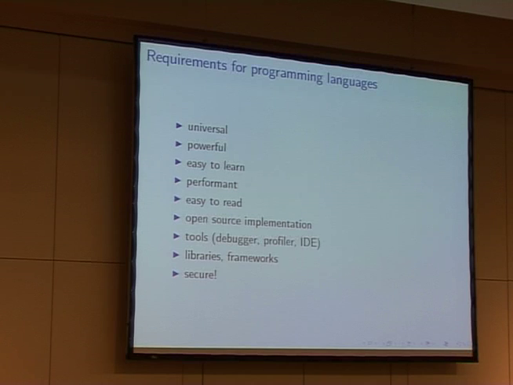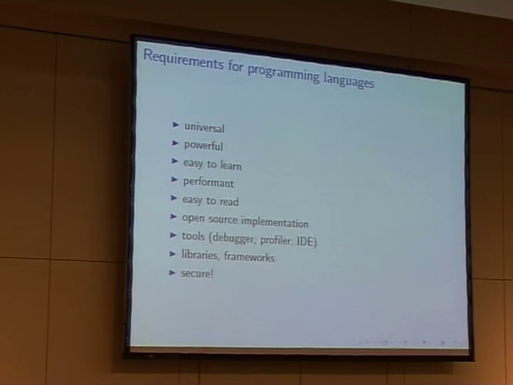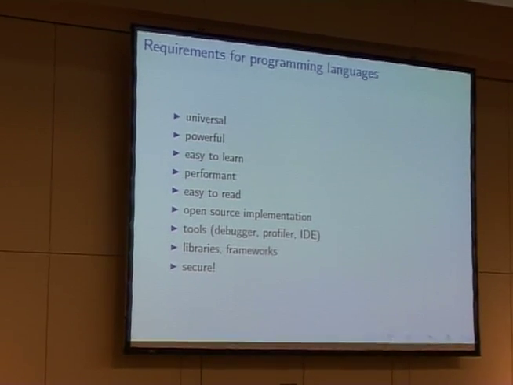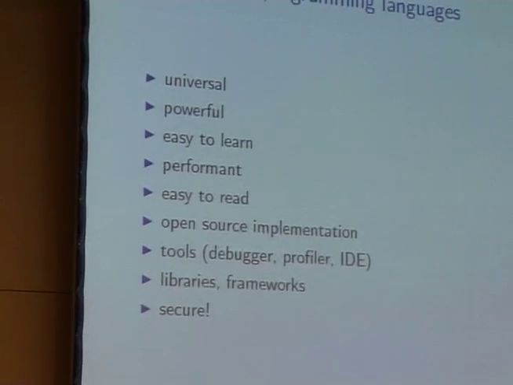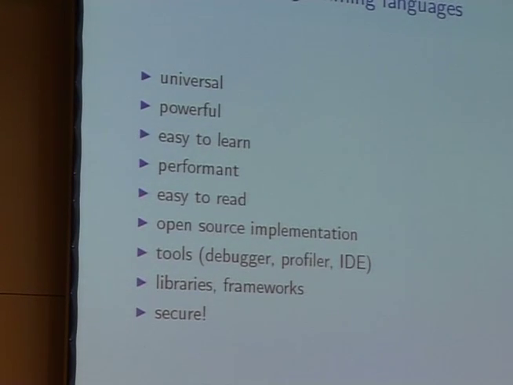You want to be able to solve any problem in your programming language of choice. You want it to be easy to learn. It's no good if you have to spend years and years until you understand how to write good programs in a programming language. You want your code to be fast. You want your code to be easy to read. You want to have an open source implementation. You want to have tools available, libraries, etc., etc.